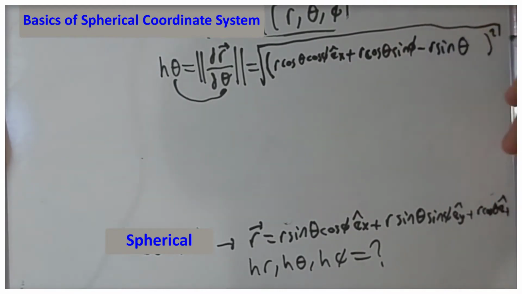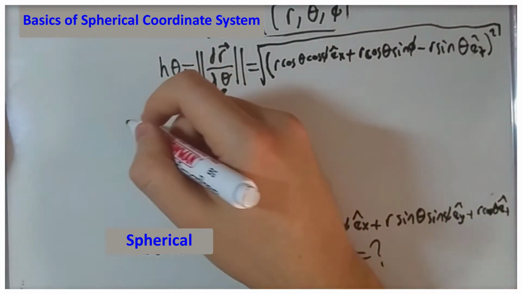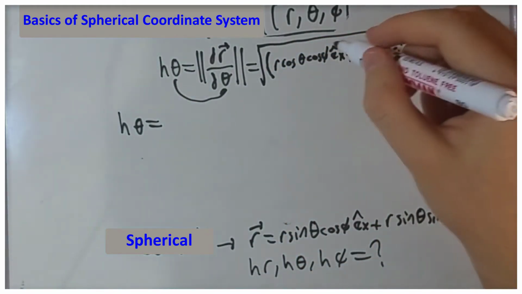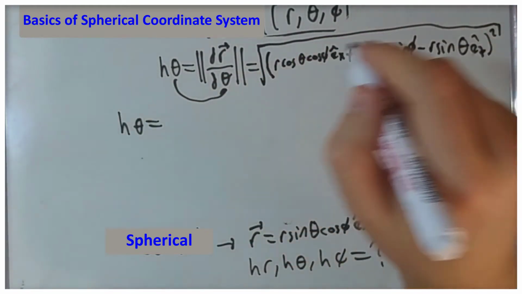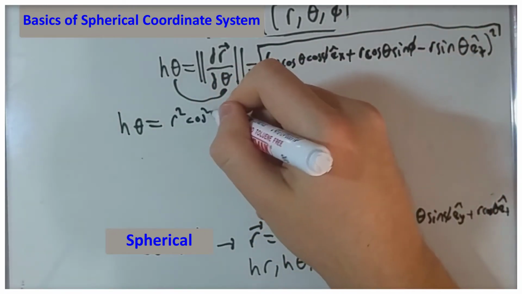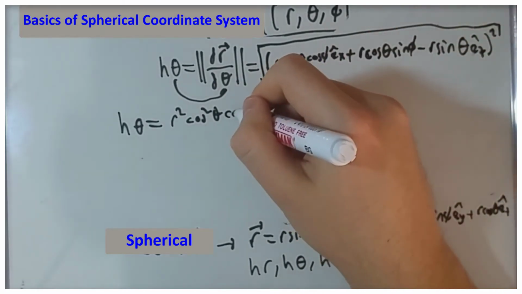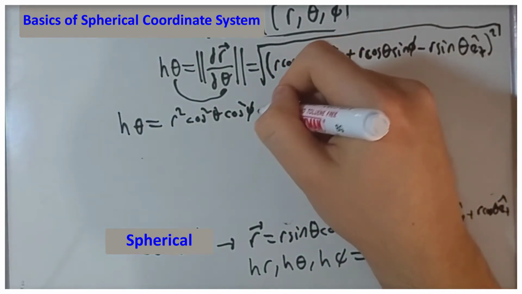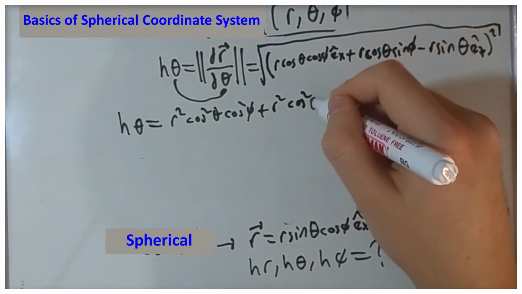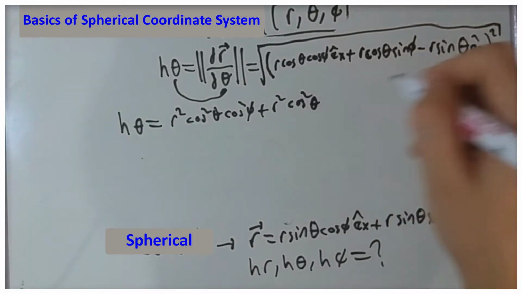r sin theta ez. Now, in the same way, when I square the derivative and enclose it in a root, I try to find H theta as follows. What will come from here, guys? r squared cos squared theta cos squared phi plus r squared cos squared theta sin squared phi.